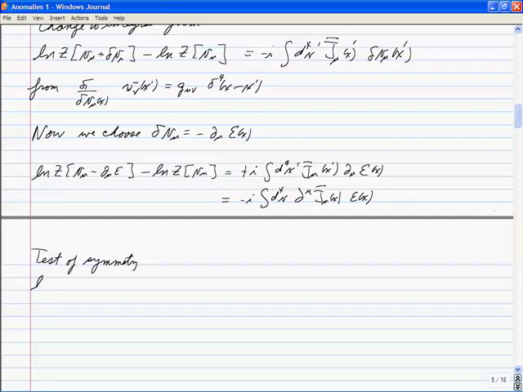If z of v mu minus d mu epsilon equals z of v mu, we get that d mu j bar mu equals 0 for all matrix elements.